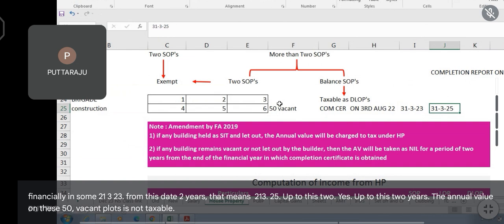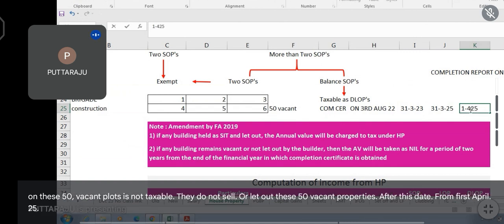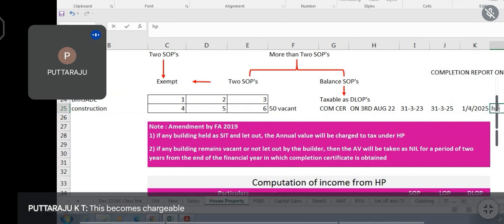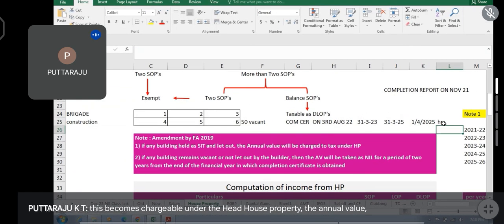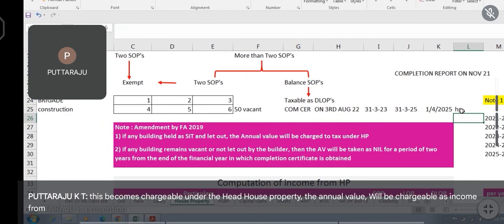If they do not sell or let out these 50 vacant properties after this date, from 1st April 25, this becomes chargeable under the head house property. The annual value will be chargeable as income from house property.